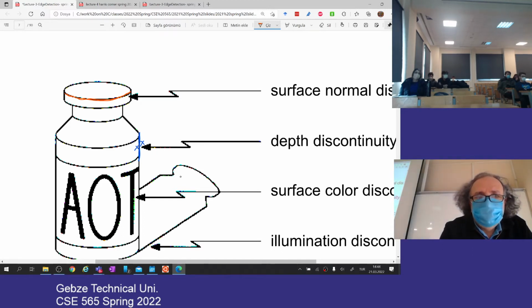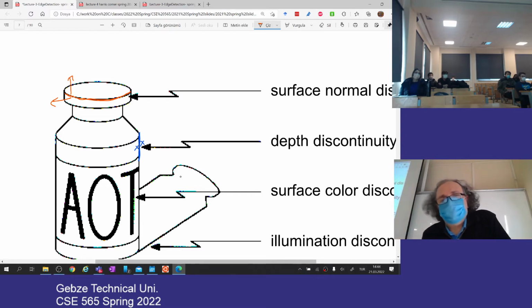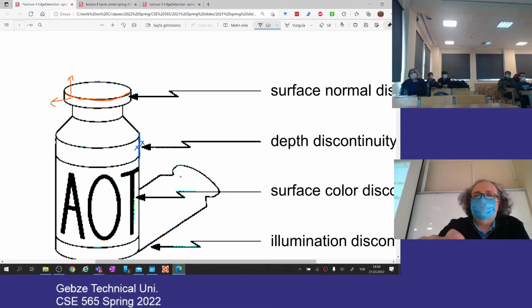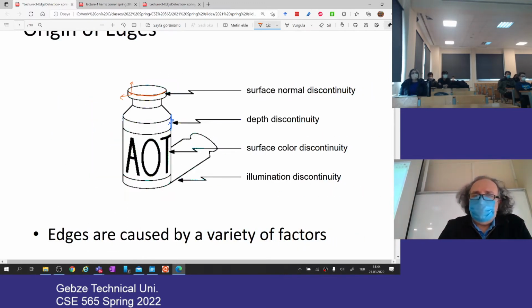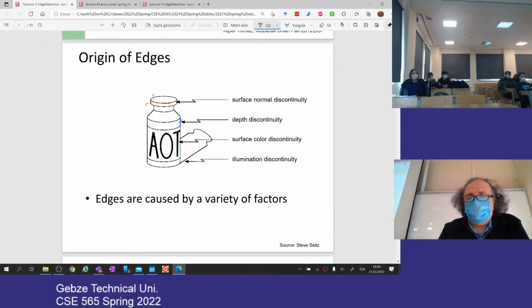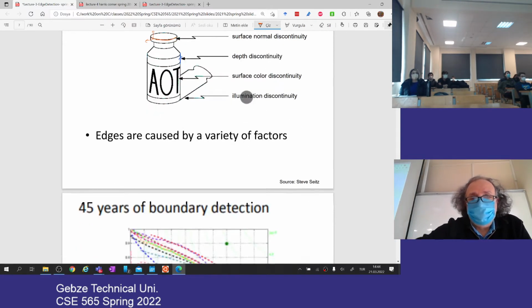I mean, the surface normal is here towards the top, and the surface normal is here towards the left. So the same object, but I am getting an edge out of those. So just to tell you that we are going to get edges for those kinds of places. Edge detection doesn't mean that you're going to detect the object boundaries.